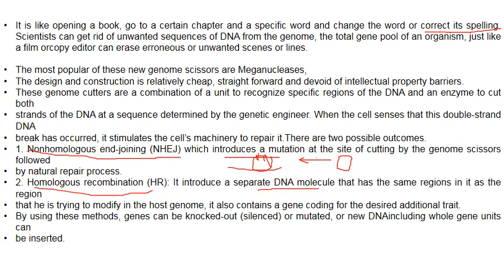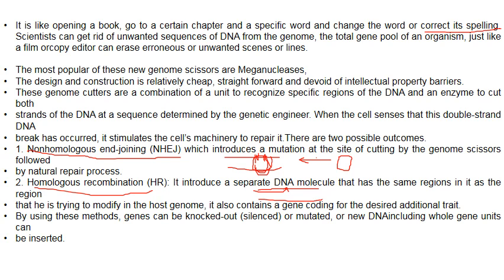The second process is homologous recombination. Here a separate DNA molecule has the same region in it as the region that is trying to be modified in the host genome. It also contains a gene coding for the desired additional trait. Here what will happen? Additional DNA is introduced. That means in the previous case, just by mutation it is cut open, and by the repair process this is recovered.